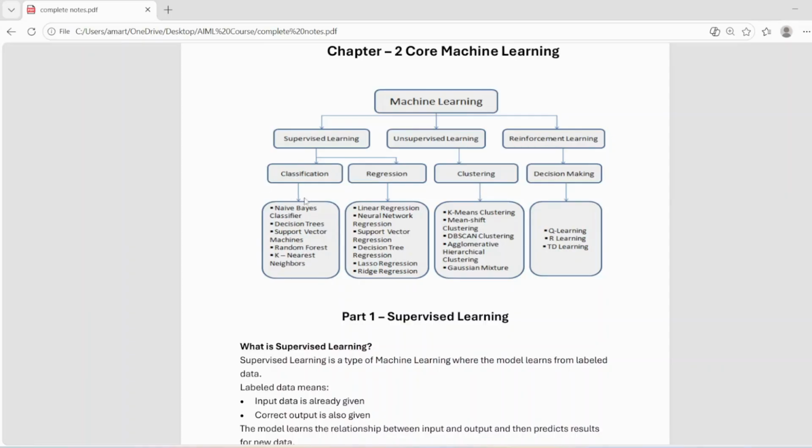We will predict categories through classification, and continuous values we will predict by regression. Suppose someone has a 25,000 salary, someone has a 50,000 salary, we will predict the salary or something like that. Continuous values. Okay.